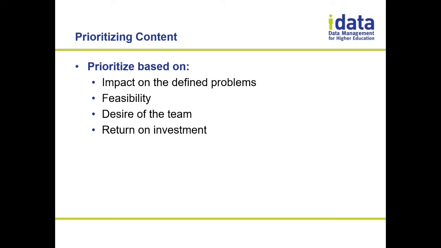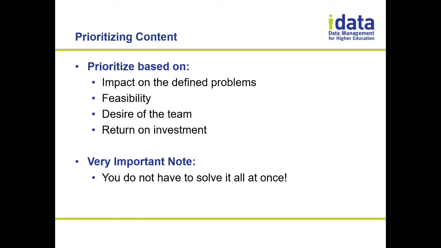So if your defined problem is about reporting, people understanding the data, you probably shouldn't spend a whole lot of time on data quality to start, because that's not really going to solve that main problem. Maybe if the problem is that no one trusts the data because everybody thinks data quality is bad, then that might be where you want to focus. So start on the things that have impact.